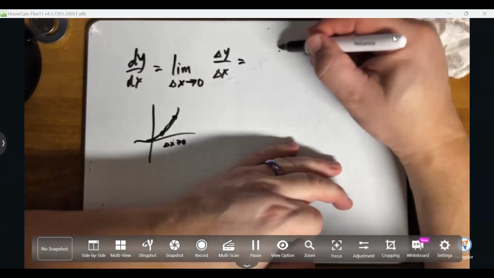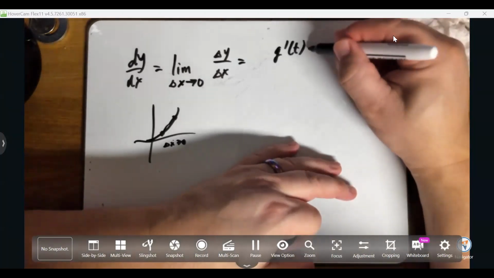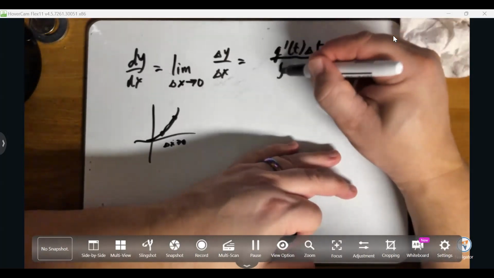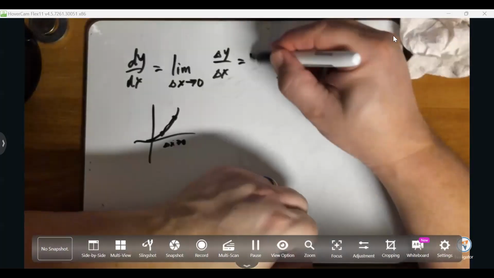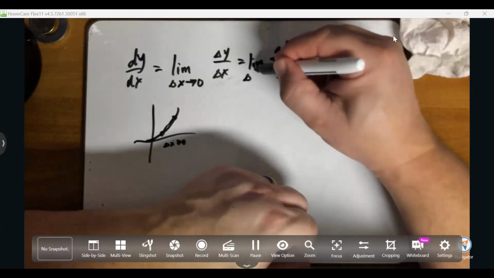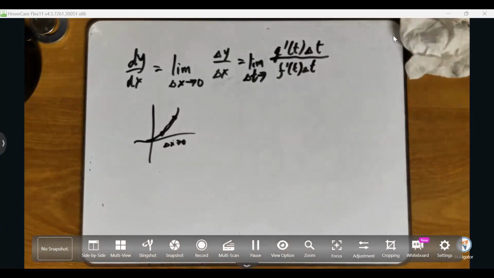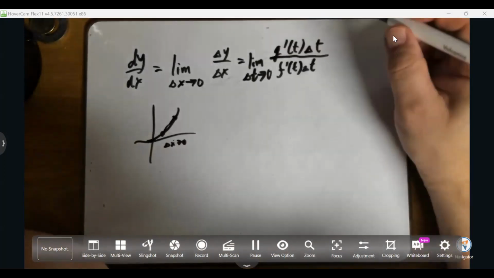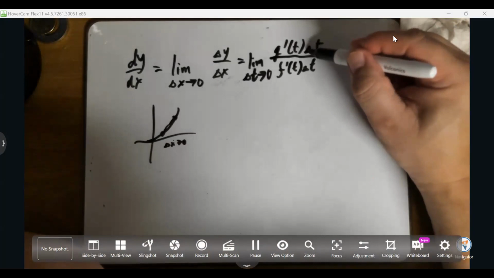Okay. But delta y is approximately g prime of t delta t divided by f prime of t delta t, right? So as delta x goes to 0, that's equivalent to delta t going to 0. Okay, but we note that delta t is going to 0, but is not equal to 0.